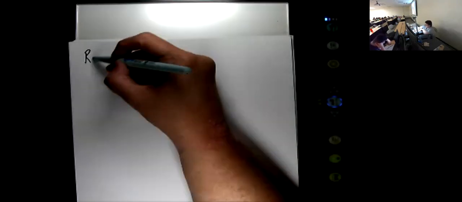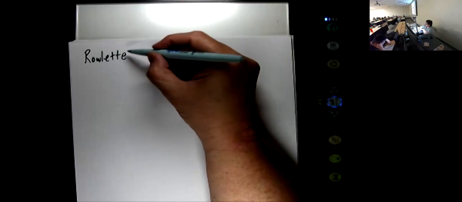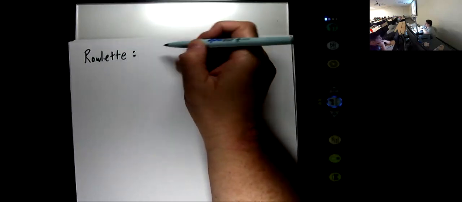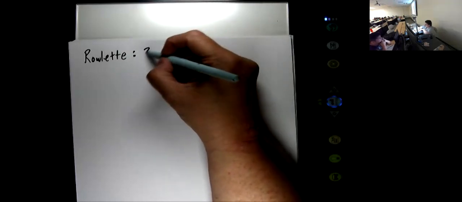So let's look at the probability for a line. It's a fun game. You can play. Your money goes slowly. It's very suspenseful. There are 38 numbers.